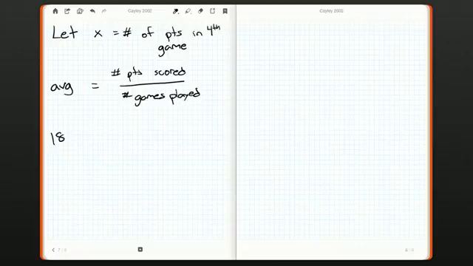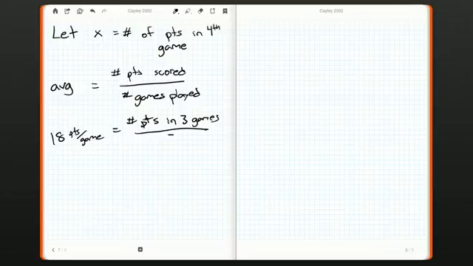So we're told 18 points per game, and that's the number of points in 3 games, and that's over 3. Remember, we are told in her first 3 games she gets an average of 18 points. So we can actually work out how many points she gets in the first 3 games.